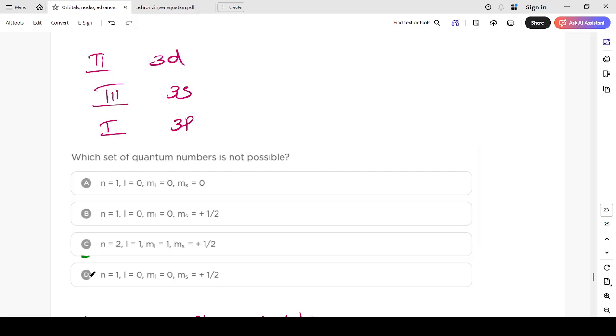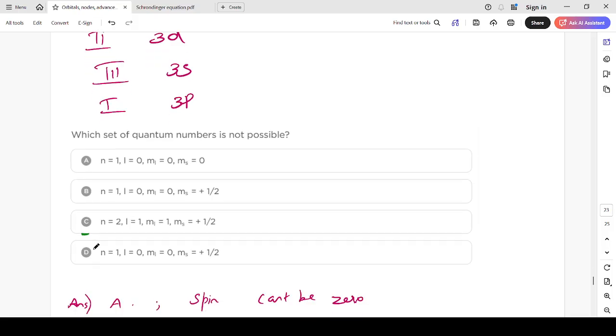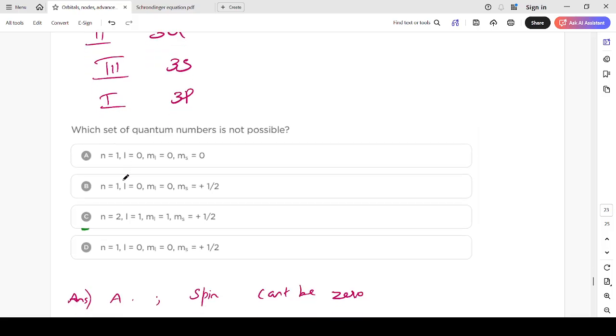Why? Because m cannot be 1, ma'am. m can only be plus or minus. L is 1, m could be plus 1, 0, or minus 1. You are saying plus 1. Now, why did you say it's wrong?